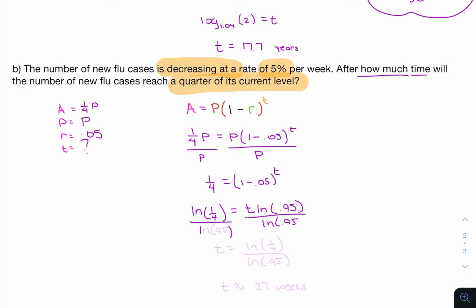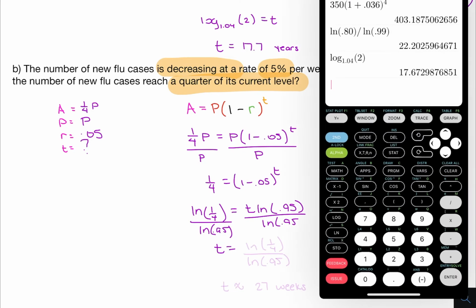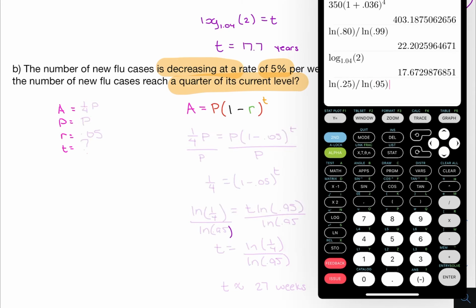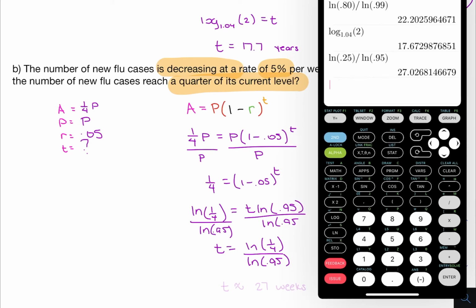So we're left with t is equal to ln of 1/4 over the ln of 0.95. So again, plug this into your calculator. Since 1/4 is the same thing as 0.25, you can also use that to plug it in. So our t is approximately equal to 27 weeks. So that's how long it will take.